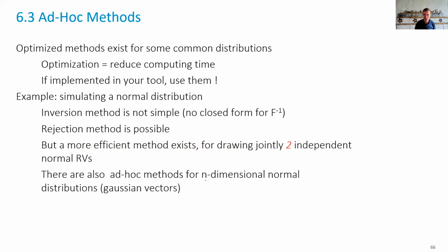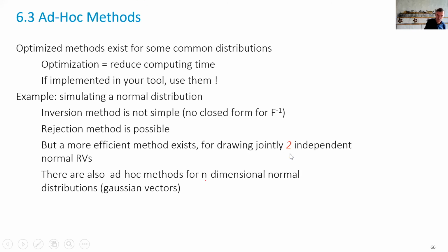That's a paradox. Sometimes it's cheaper to expand the dimension of what we're doing, because if I draw at random two Gaussians, I obtain a point that has circular symmetry, and we know the distribution in polar coordinates.